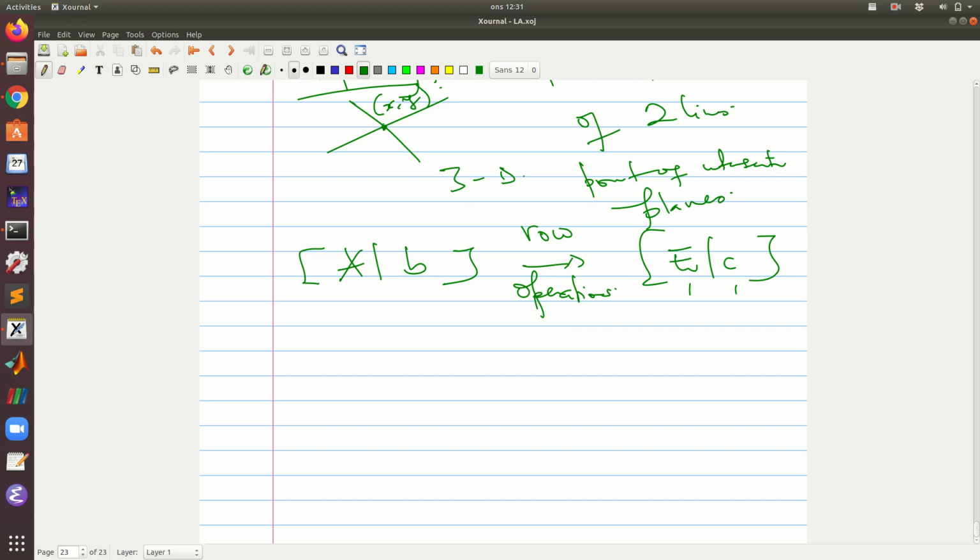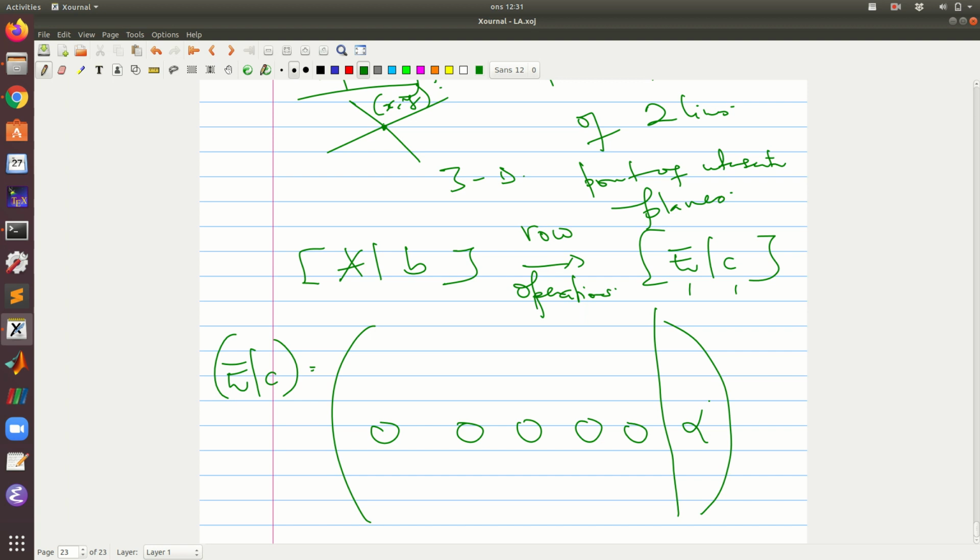Now if a situation arises in this reduced form where we have a row in which the first non-zero entry occurs in the last column, i.e. alpha is not equal to 0, then this system is inconsistent.